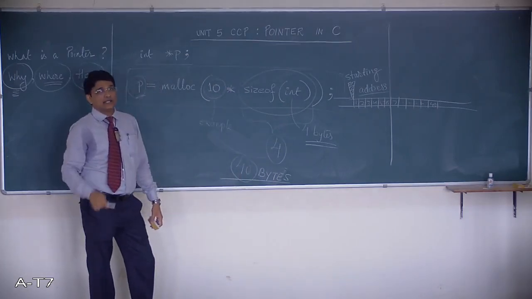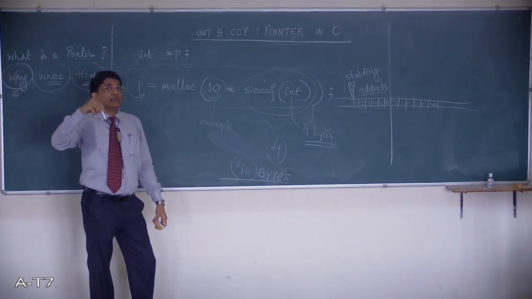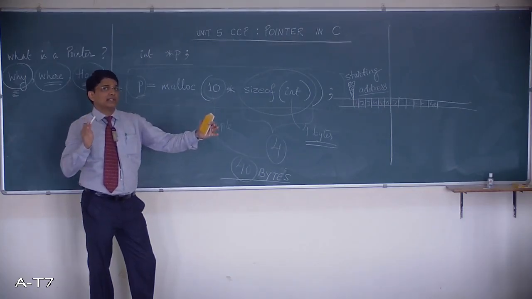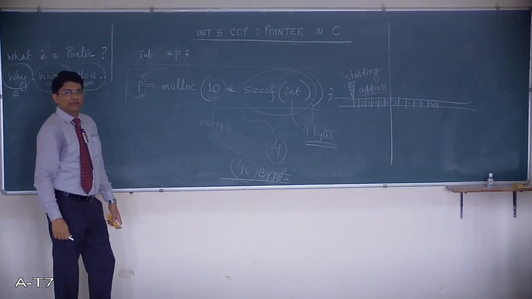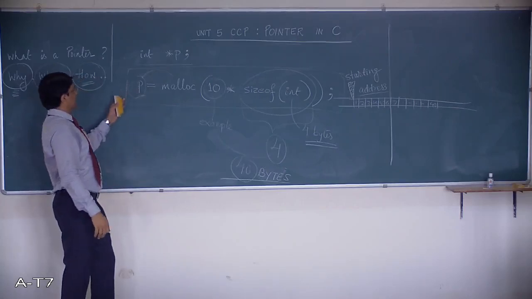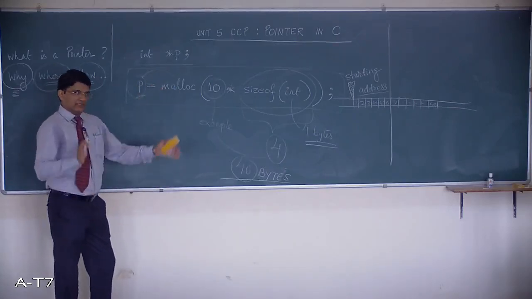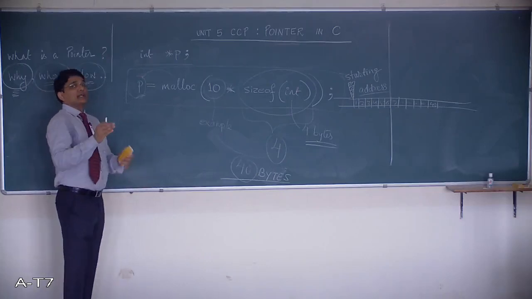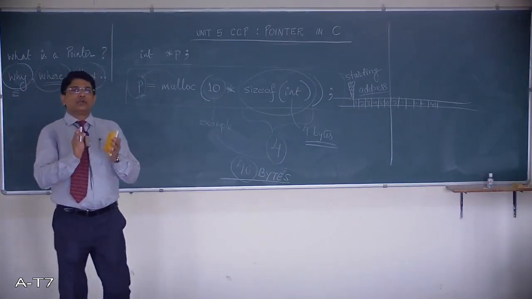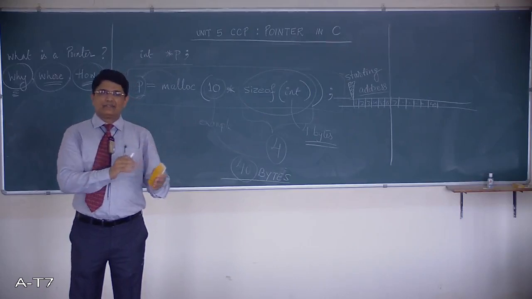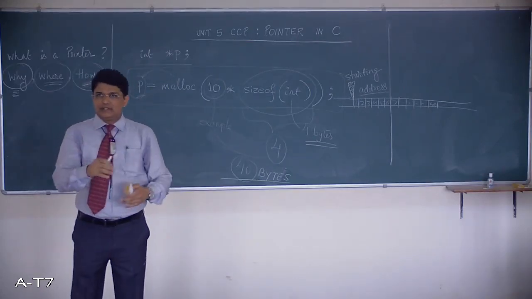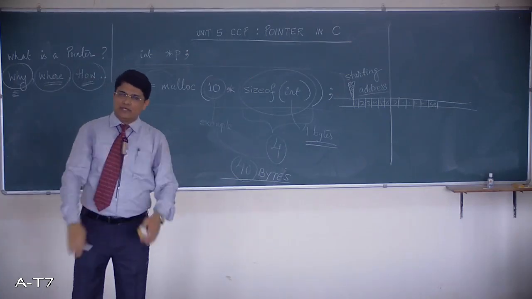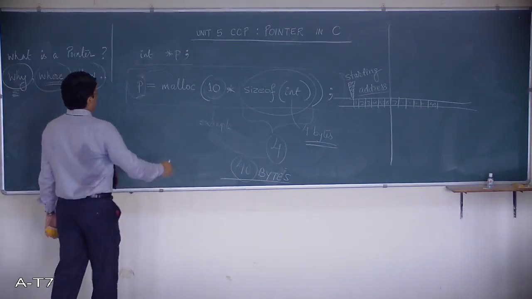The starting address of these 40 bytes, that is the address of the first byte in that set of 40 bytes, is assigned to p. This is a dynamic memory allocation statement and assignment of a starting address of a set of bytes. Now, it is not like the previous example where we took a variable physically, int x, and then we took int *p, and then we put the address of x into p. That was just a single variable and we were able to do that.